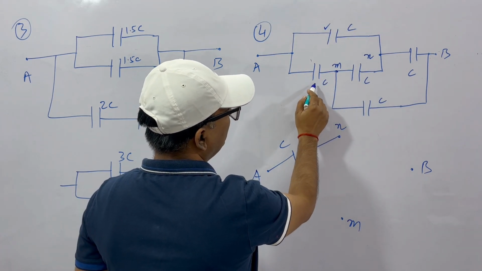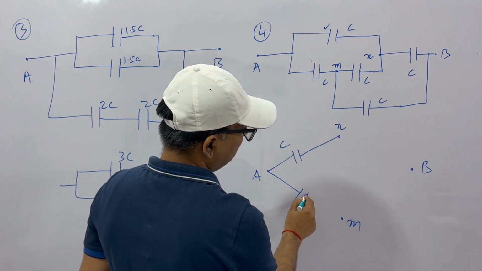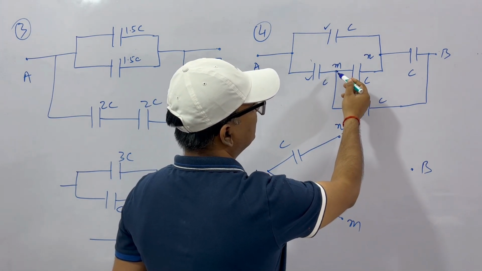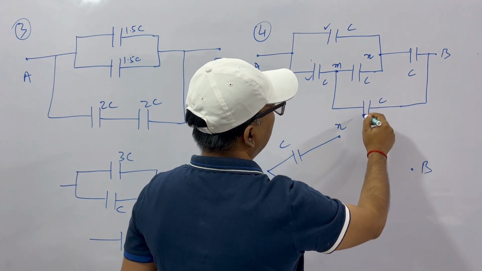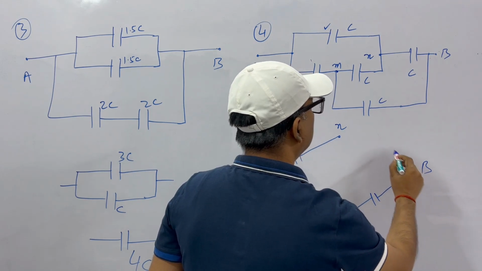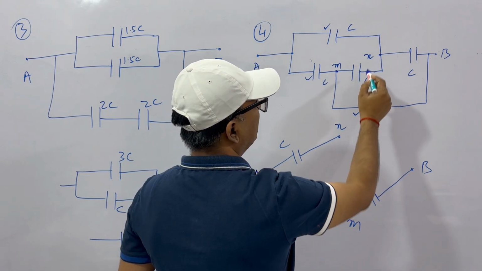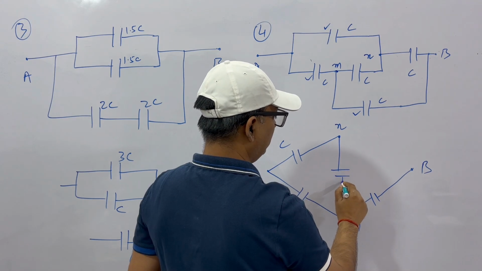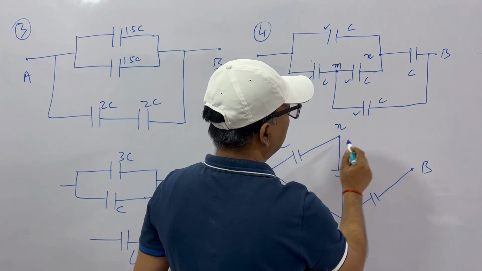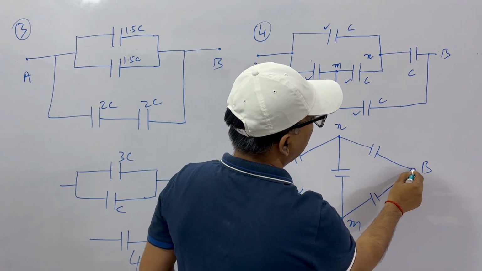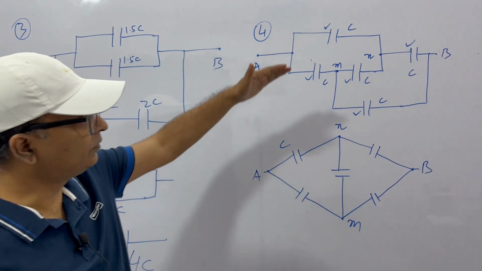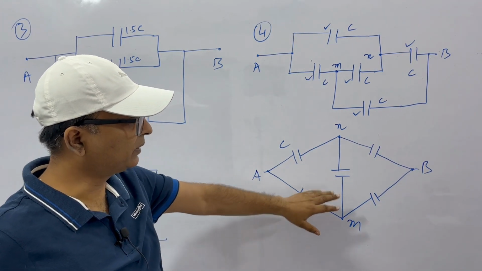Then between A and M we have the next C. So this is this one. Okay, then this is between M and B. So this is this one. Okay, then between M and N. Okay, and then which one is left? This one, N and B. So if you redraw this picture, it will be like this.